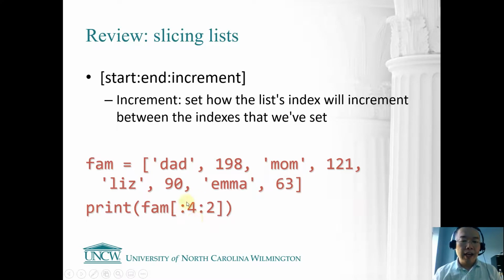And we are ending at 4, so index 4 will be the stop point, but index 4 will be excluded. And then the step size is 2, so we are picking the dad, we skip the 198, we pick mom, we skip 121, and then we stop because of index 4, but index 4 is excluded. So for this slice, we have the dad and mom.